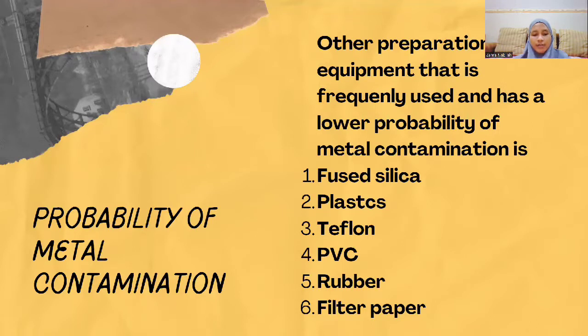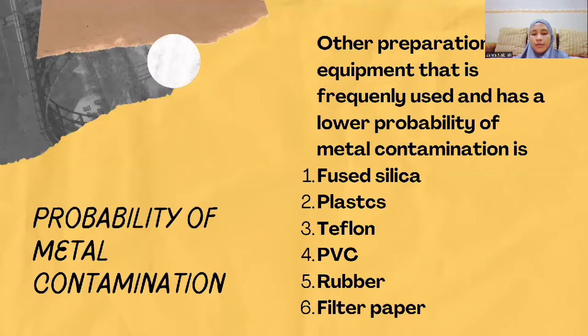Other preparation equipment that is frequently used and has a lower probability of metal contamination is number 1, fused silica or quartz. Number 2, plastics or polyethylene and polypropylene. Number 3, Teflon or tetrafluoroethylene polymer.